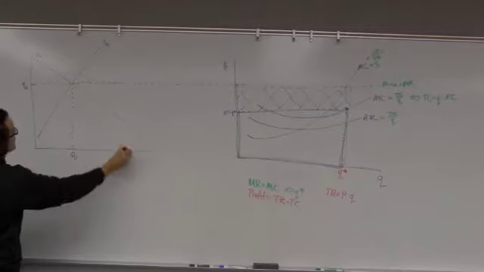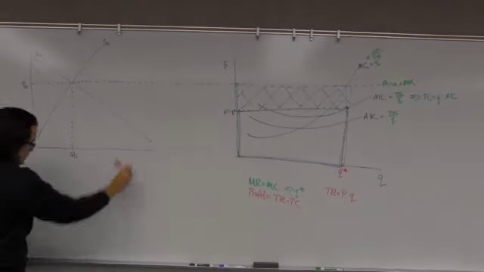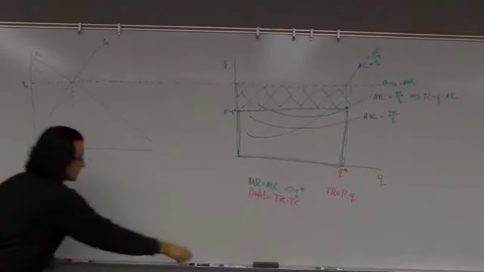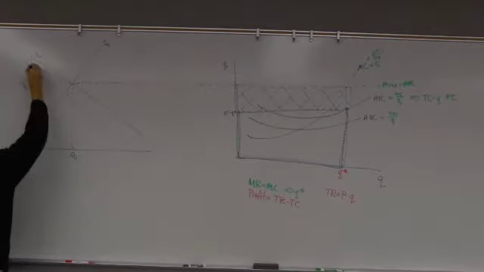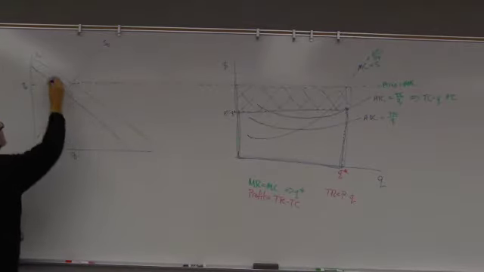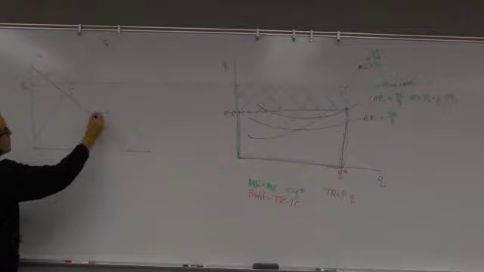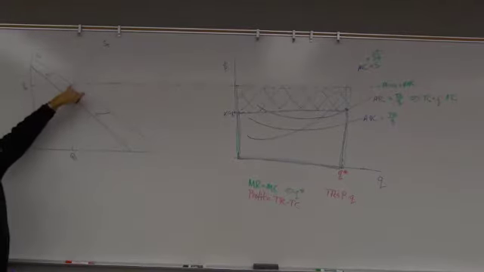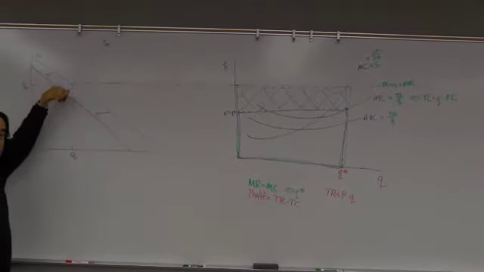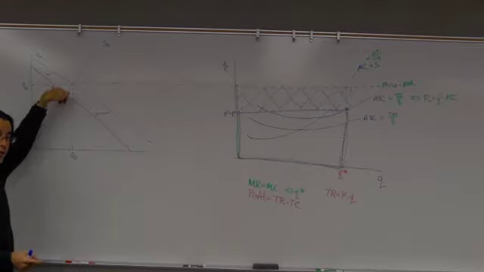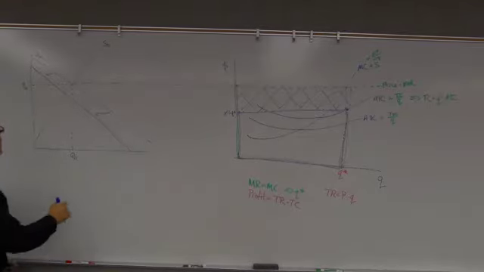We'll do blue. We'll have a shift to the left in the demand curve because at any given price, we expect demand to be lower because there are just fewer people in the market to buy the good. And so what happens?